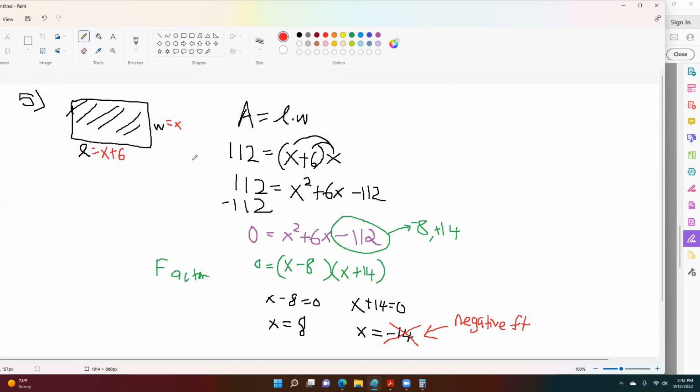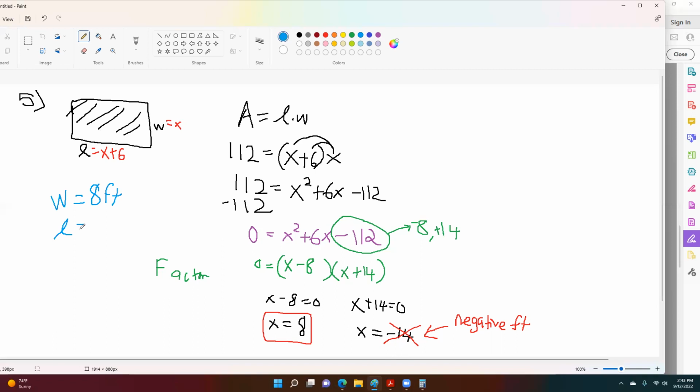So that's the reason why, when you do word problems, you need to watch out for your answer. You usually have 2 answers, and we only take the positive answer, because you cannot have negative 14 feet. So we will plug 8 into this value here. Now we can figure out that my width in this case is going to be 8 feet.